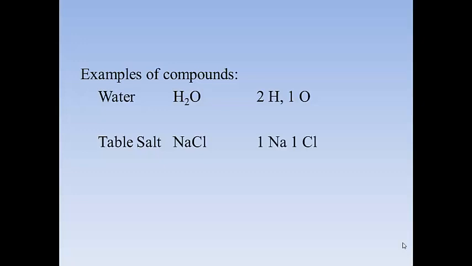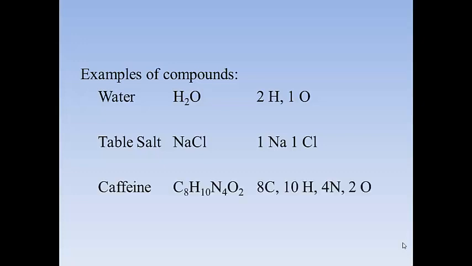It always has a ratio of 1 sodium to 1 chloride. That's the fixed composition. Caffeine has this formula, which means that every molecule of caffeine has 8 carbons, 10 hydrogens, 4 nitrogens, and 2 oxygens. That ratio is constant. Compounds have a defined ratio of each element to each other.